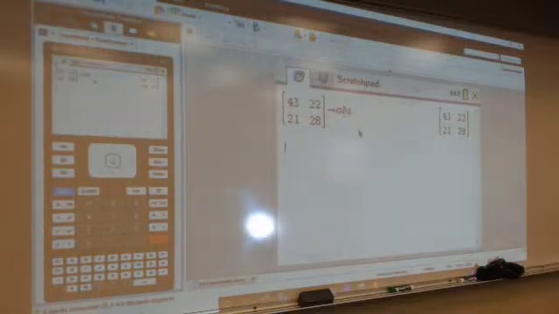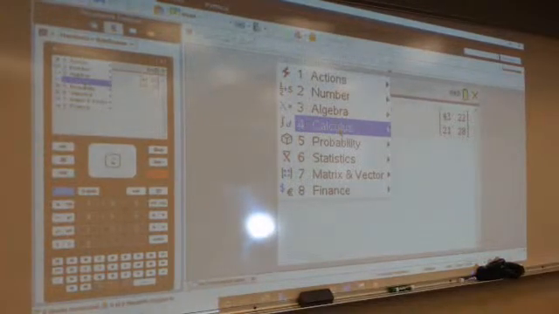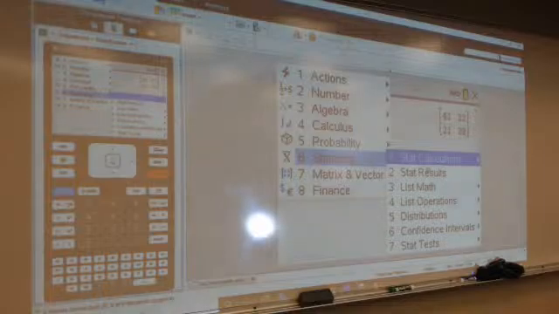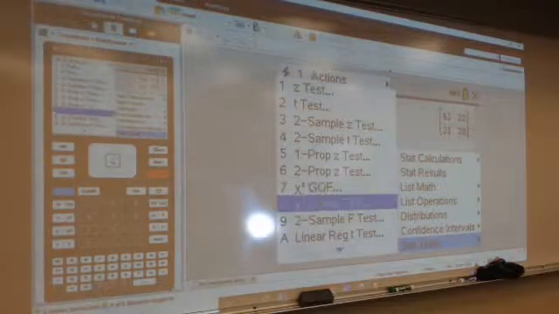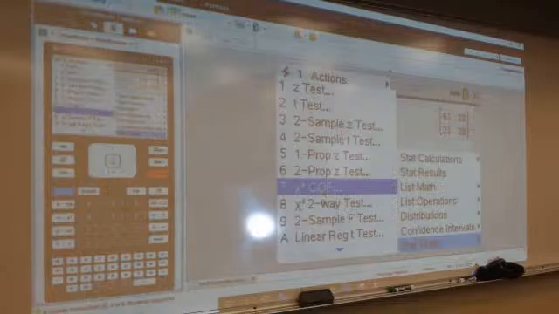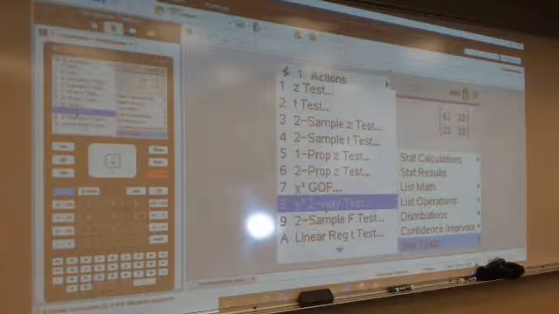Now that we have our matrix in our calculator, it's pretty easy. We go to menu, statistics, stat test. For the chi-square, we have the goodness of fit or the two-way. This is a two-way test.